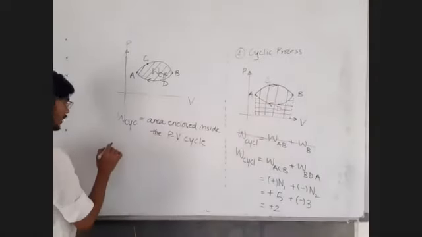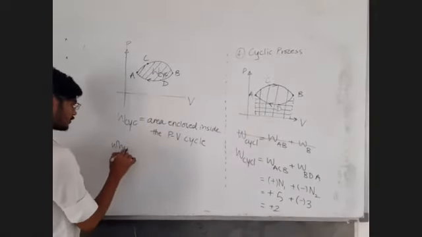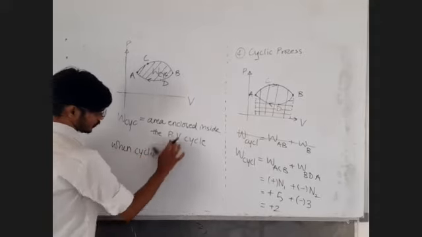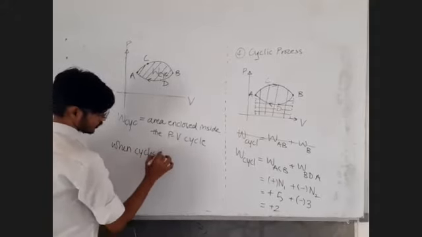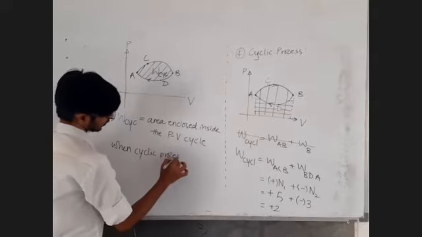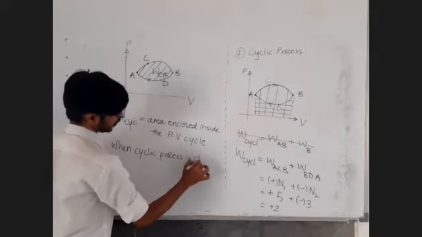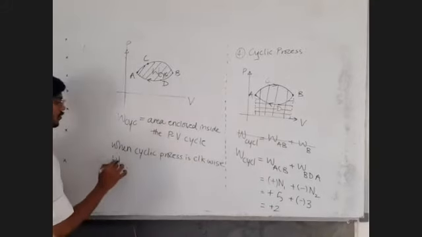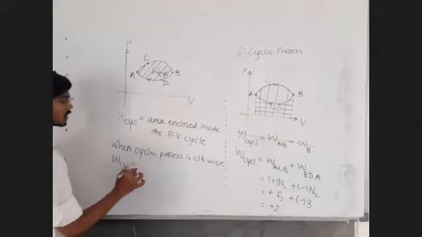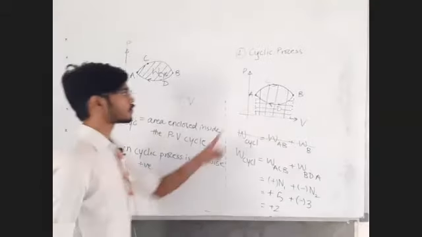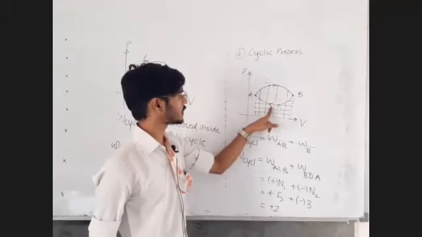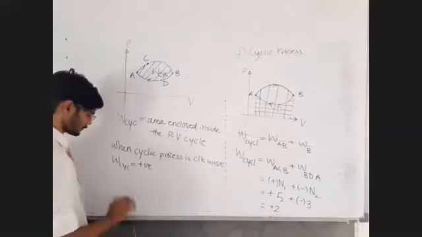So we also have to write: when the cyclic process is clockwise, work done in the cyclic process is positive, because for a clockwise process positive work is more and negative work is less, so total work is positive.